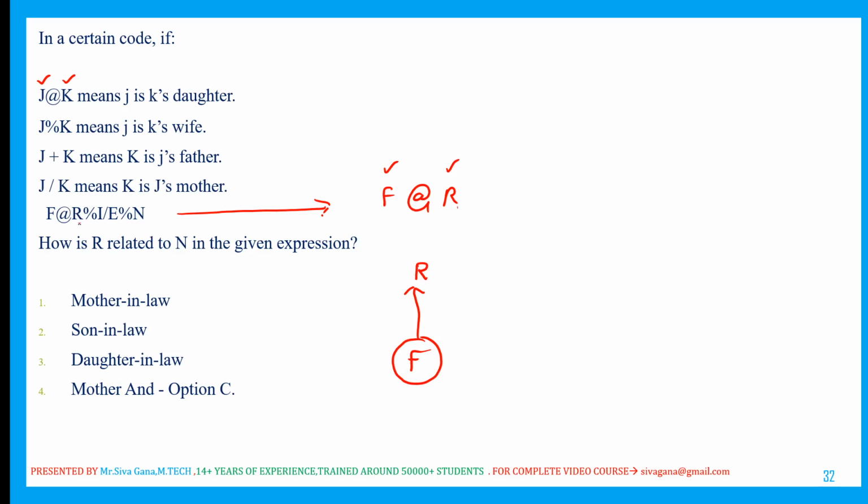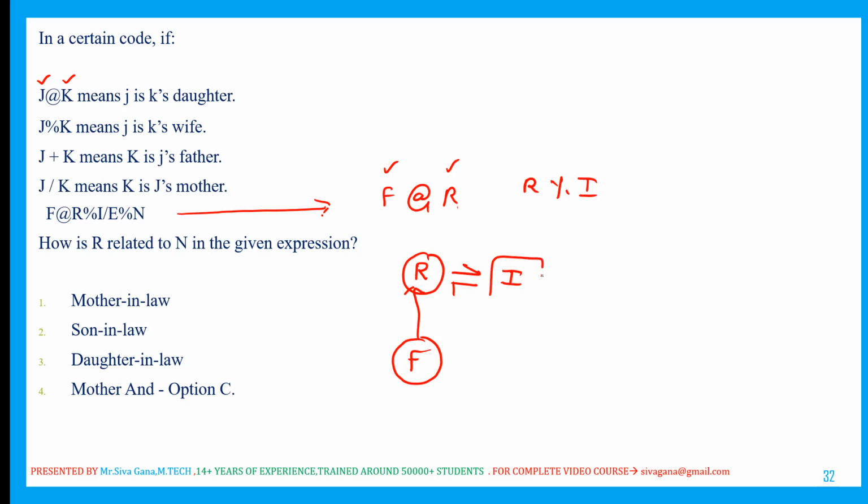Now next is R % I. Percentage means J is K's wife, so R is I's wife.